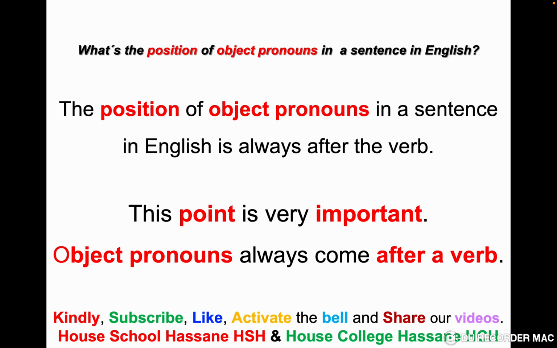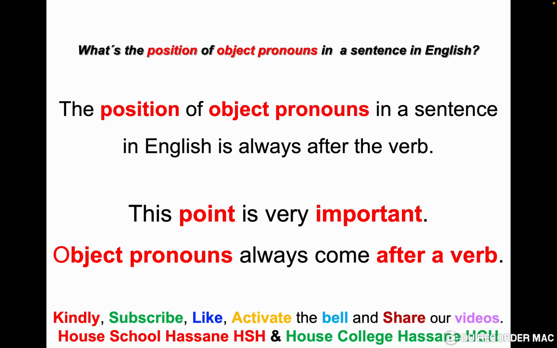What's the position of object pronouns in a sentence in English? Do you know the answer? So the position of object pronouns in a sentence in English is always after the verb.